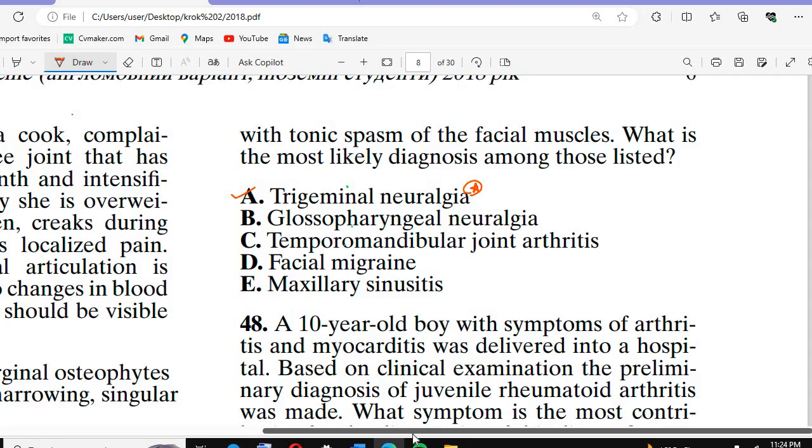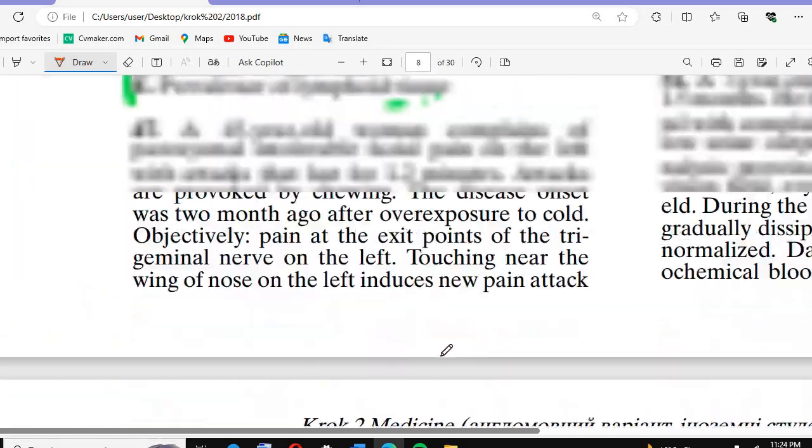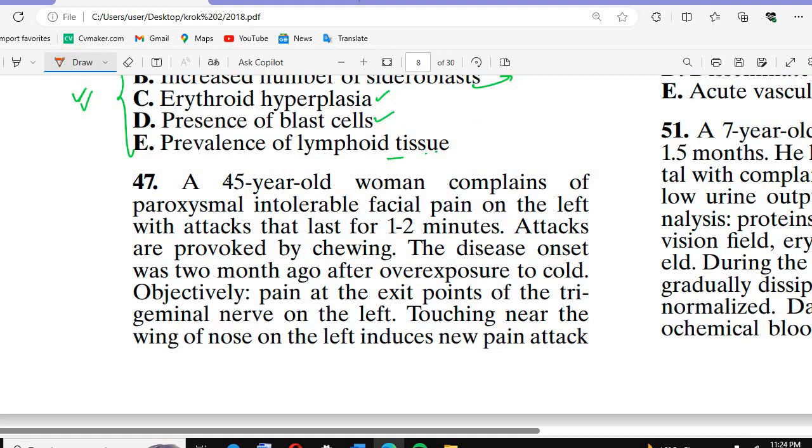Now if you want to see the question, let's see it. In the question they are saying the patient has a complaint of paroxysmal intolerable facial pain on the left, with attacks that last 1 to 2 minutes and are provoked by chewing. There is pain at the exit point of the trigeminal nerve on the left, and touching near the wing of the nose on the left induces a new pain attack.